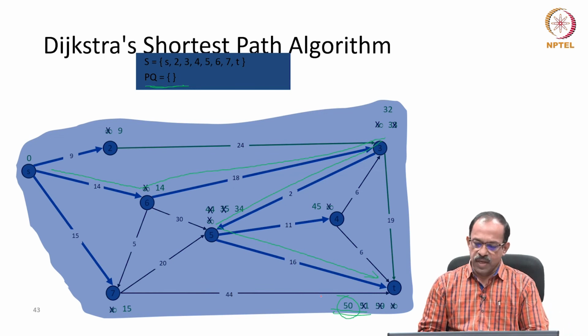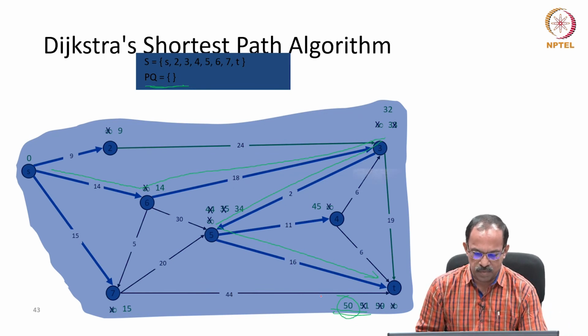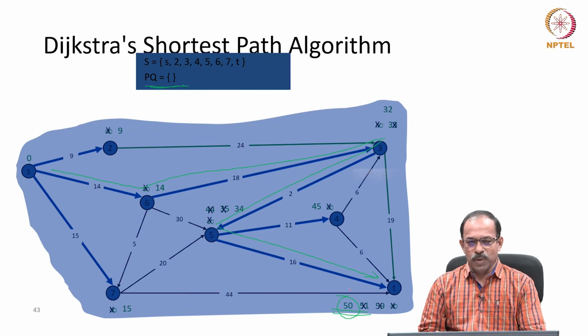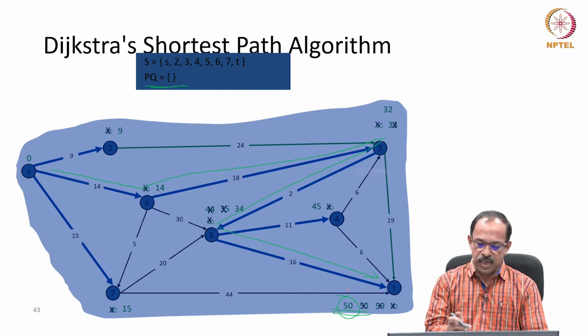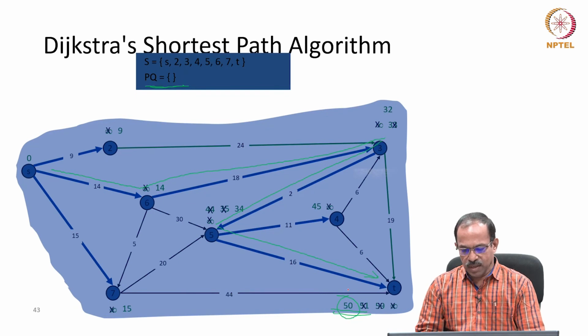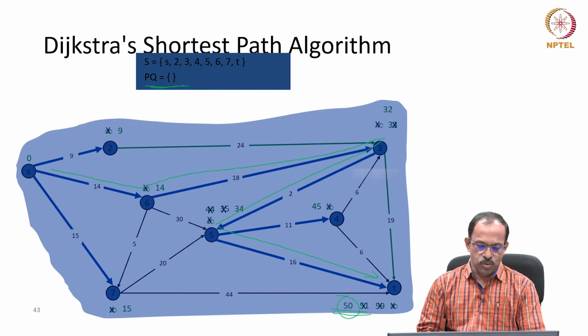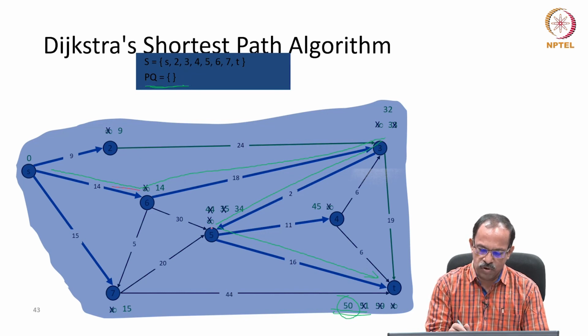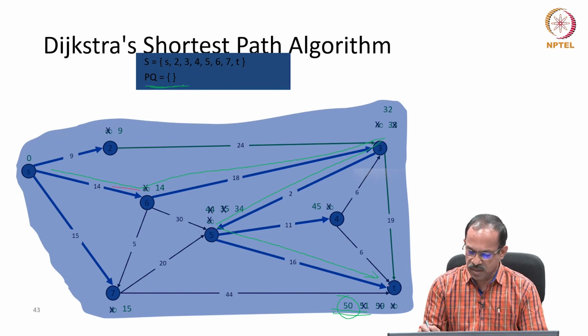Now, you can see there can be multiple ways you can reach here. There can be more than one path, but in this case you will have only one path which gives you the cost of 50. That is, you have this 14 plus 18, 32, plus 2, 34, plus 16, 50.